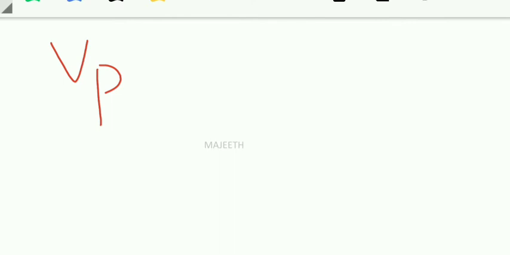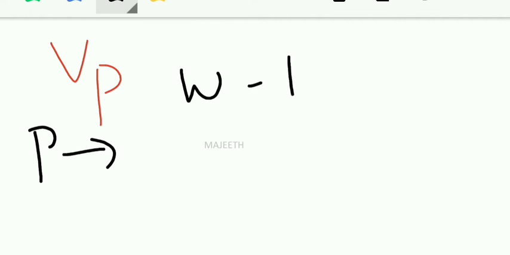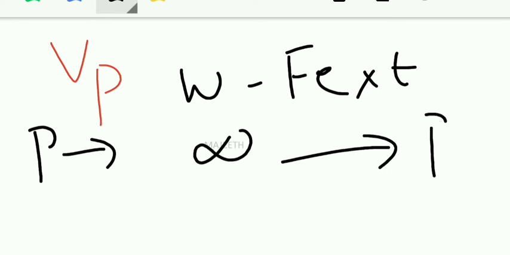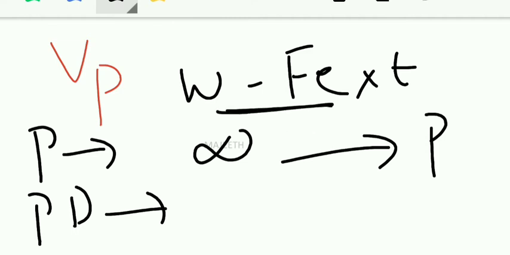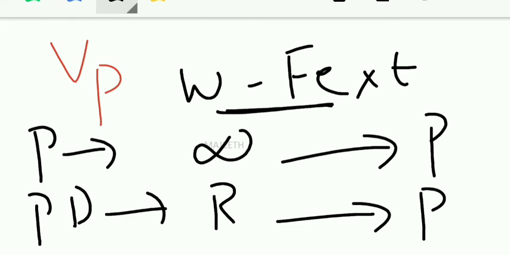It is equal to the work done by an external force to bring a charge from infinity to point P. So please understand the difference between potential energy and potential. Potential is the work done by an external force to bring a charge from infinity to one point P. Potential difference is the work done by an external force to move a charge from one point R to another point P in a region containing some external electric field.